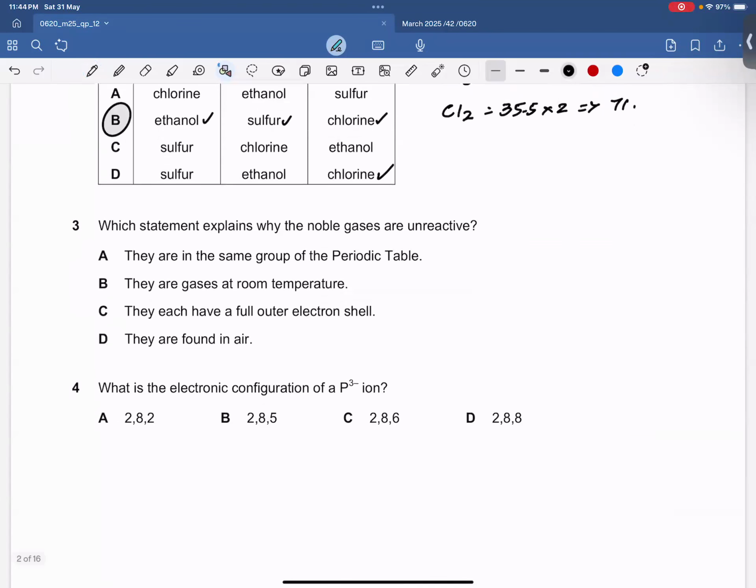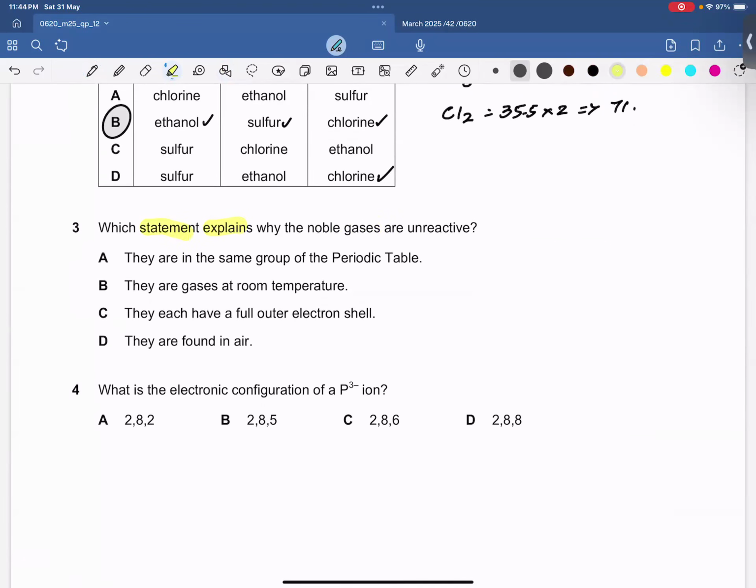Question number 3. Which statement explains why noble gases are unreactive? That's what we have done so many times. Noble gases are unreactive because they have a stable octet in the valence shell.